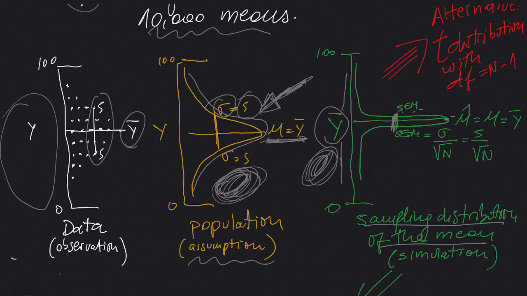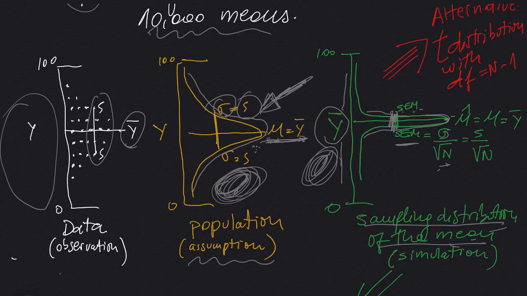As you can see, this distribution is much narrower than the distribution of the population. So the standard error of the mean, which is the standard deviation of this sampling distribution of the mean, is given by this formula: sigma over the square root of n. And n in this case is 30 because it's the sample size.